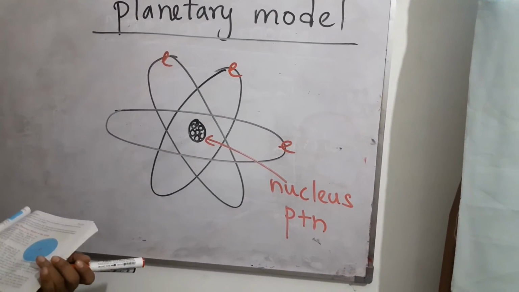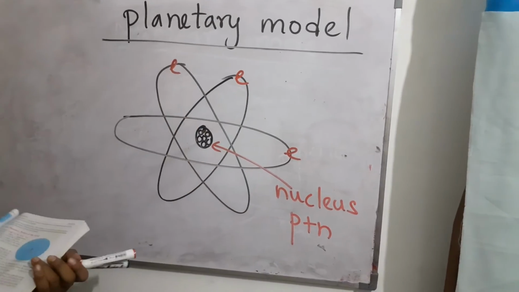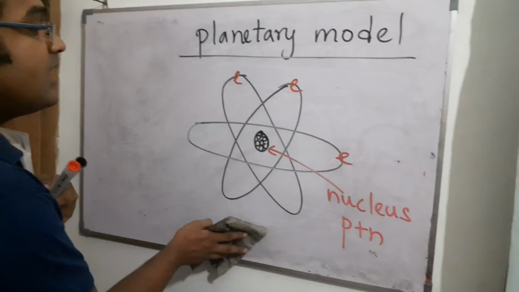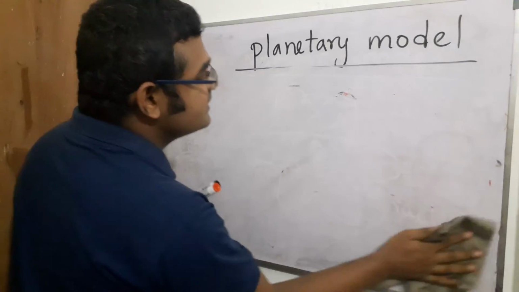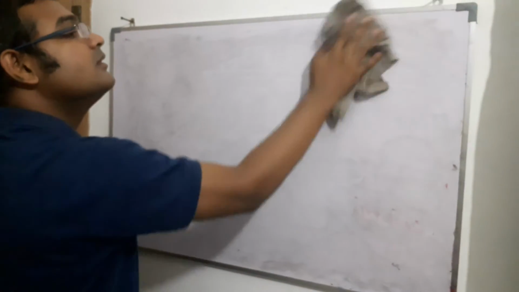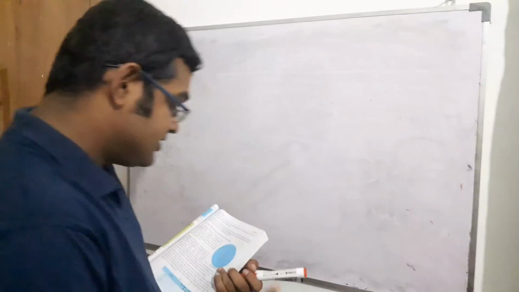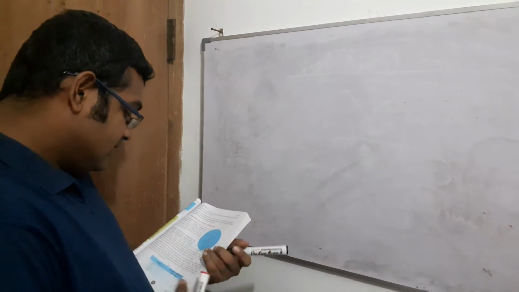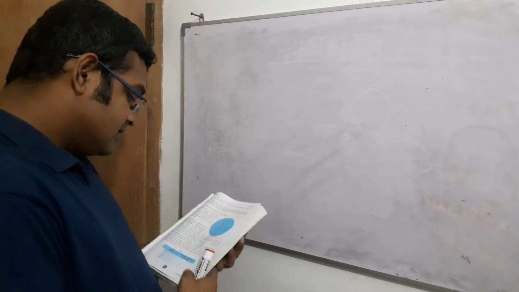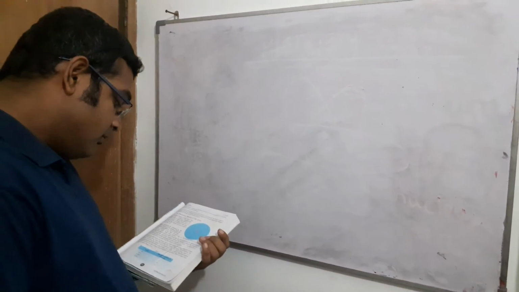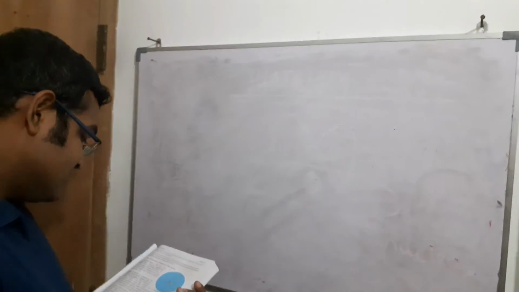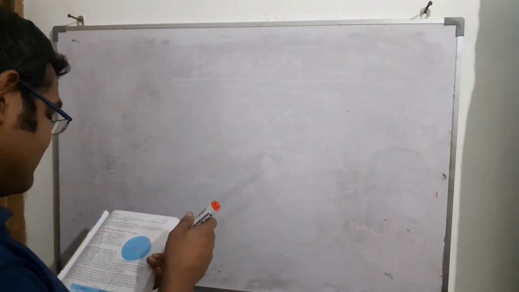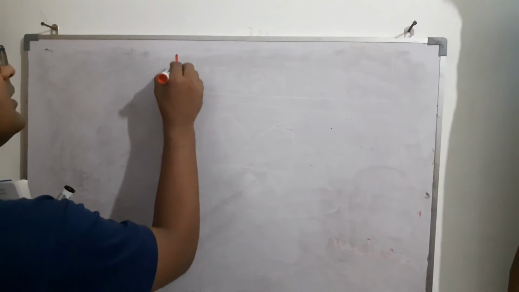Then, based on this planetary model, another scientist, Niels Bohr, introduced another model. He elaborated the planetary model, and it is known as the Bohr model or energy level model.